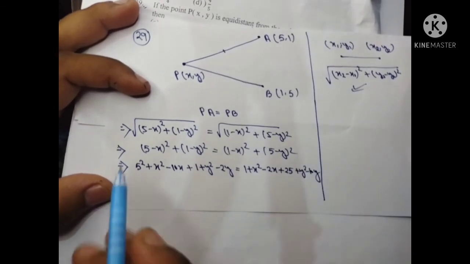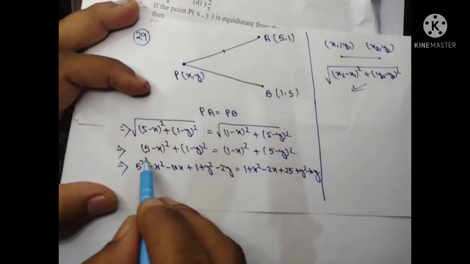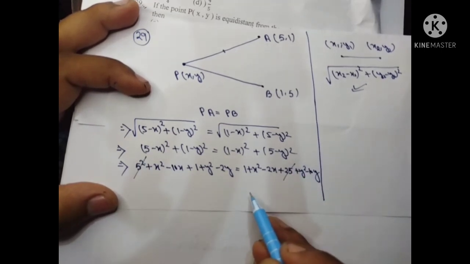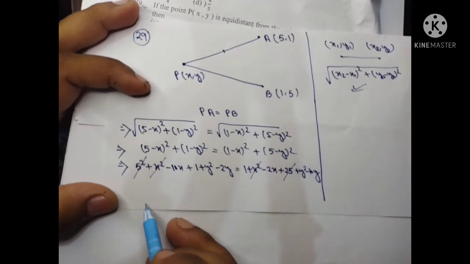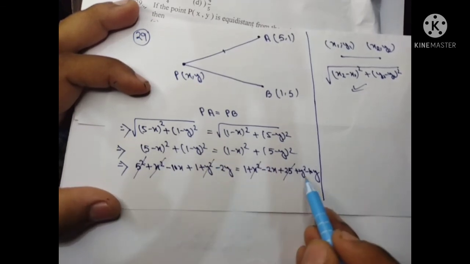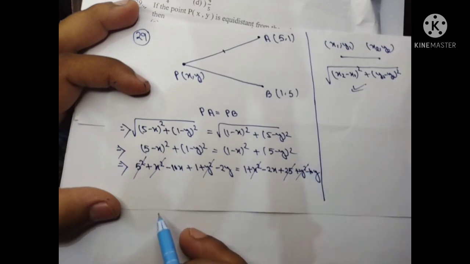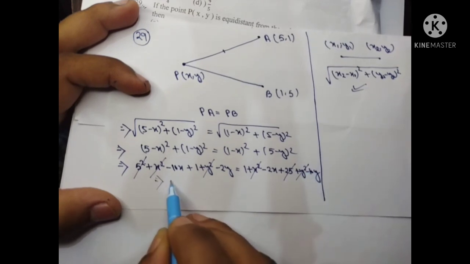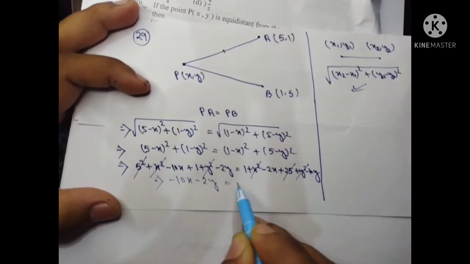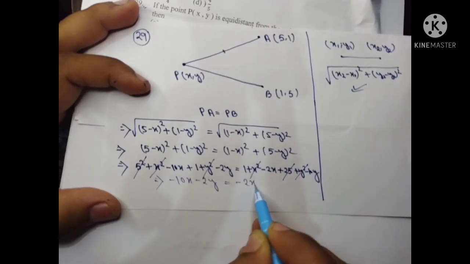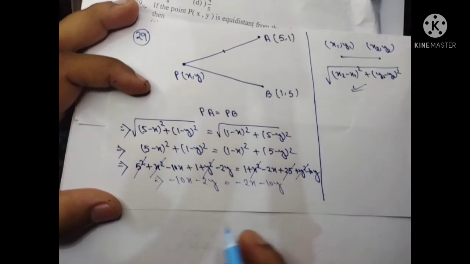Here you can cancel 5 square with 25, x square with x square, y square with y square. Now what will remain? Minus 10x minus 2y equals minus 2x minus 10y.